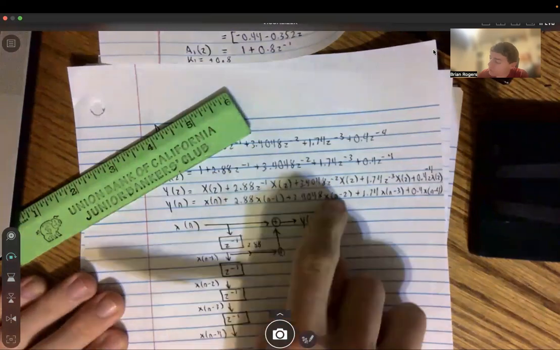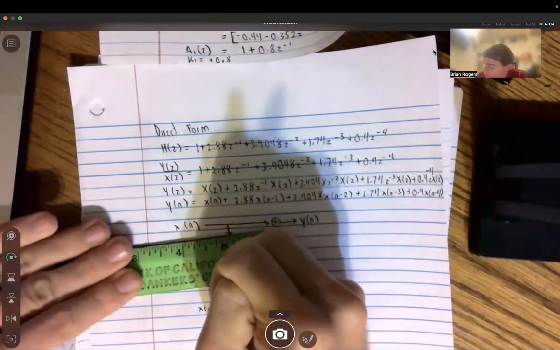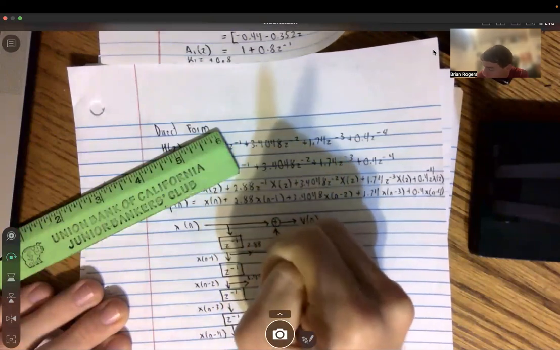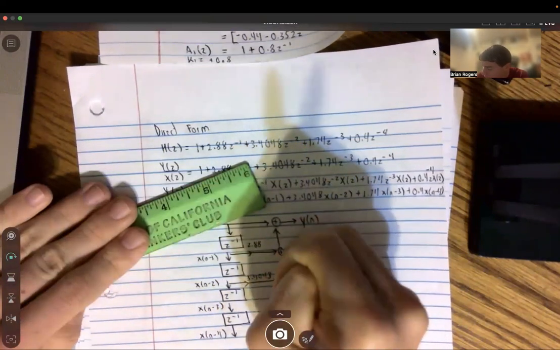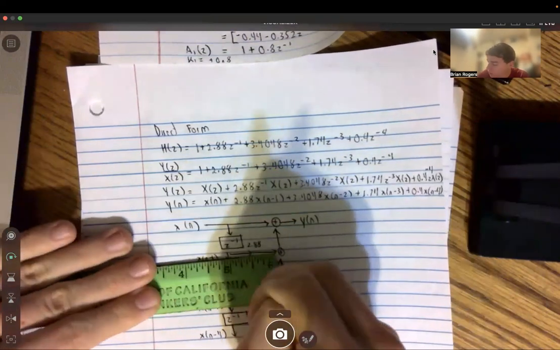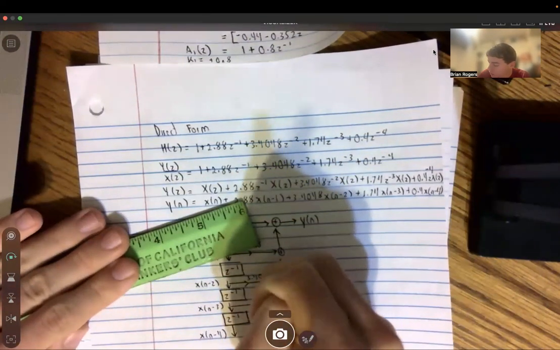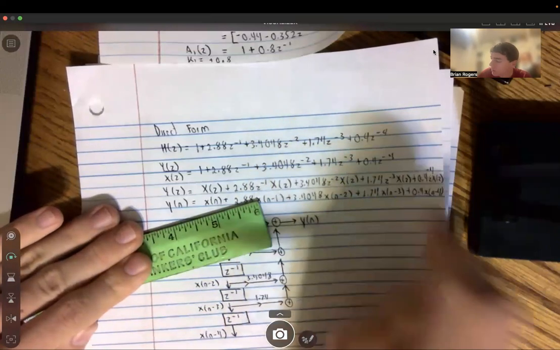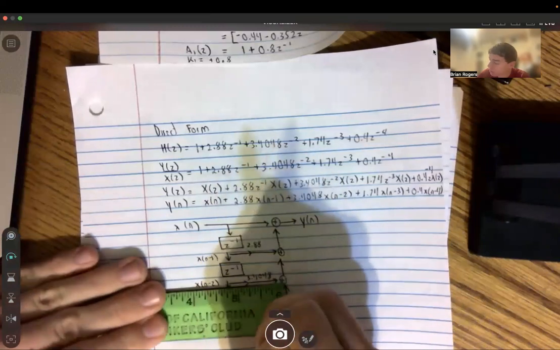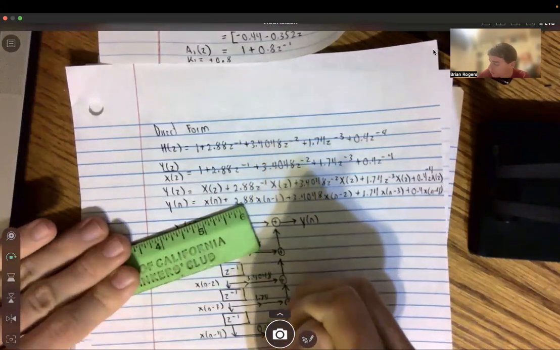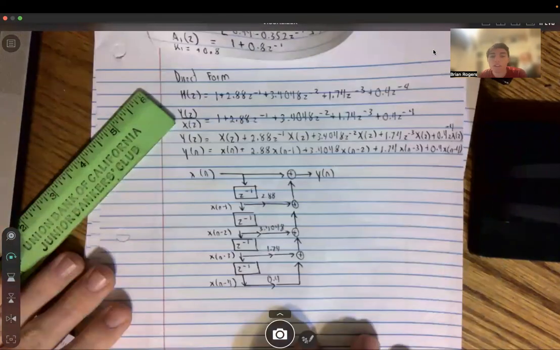X of n minus 2 is multiplied by 3.4048. X of n minus 3 is 1.74. And then x of n minus 4 is multiplied by 0.4. Okay, so that's our direct form 2 structure.